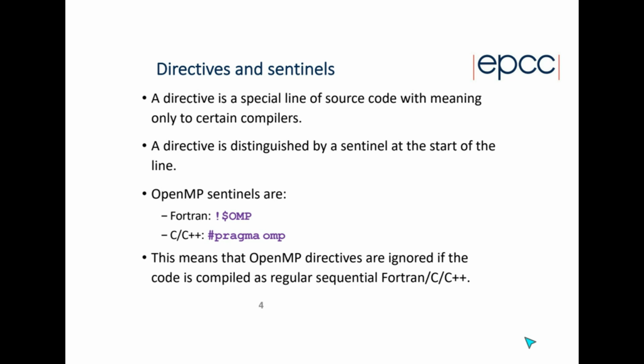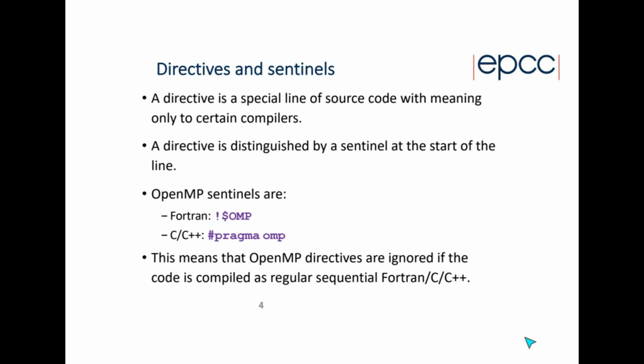So in Fortran, because the sentinel starts with an exclamation mark, without OpenMP enabled, that'll just be treated as a comment and ignored. And for C and C++, #pragma omp is a preprocessor directive, which, again, without OpenMP flags being set, will just be ignored by the compiler.